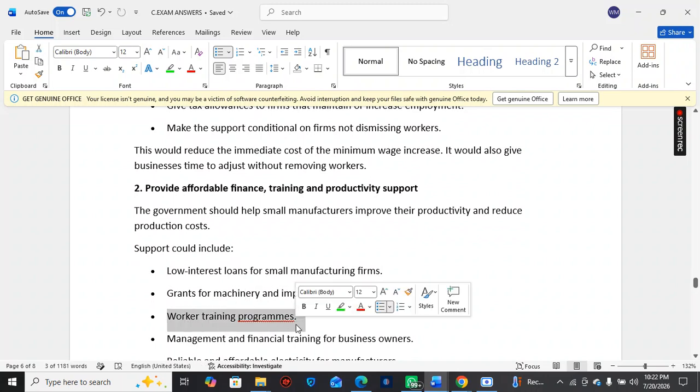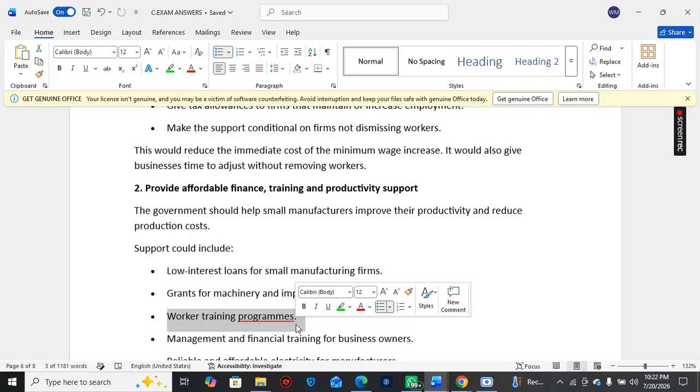Worker training programs, they train the workers so that if the cost of the worker increases, their expertise and training should also be improved, so that you're getting the best of both worlds as an employer.